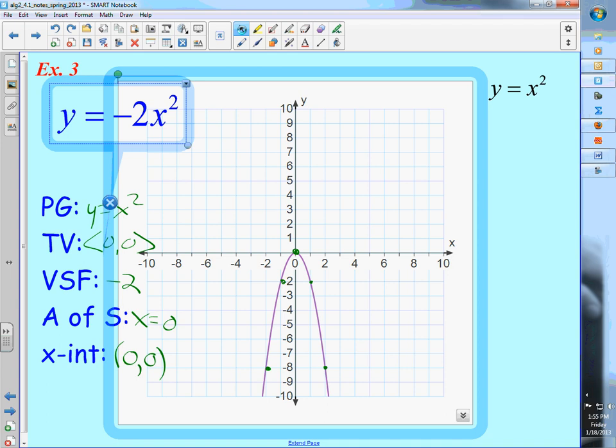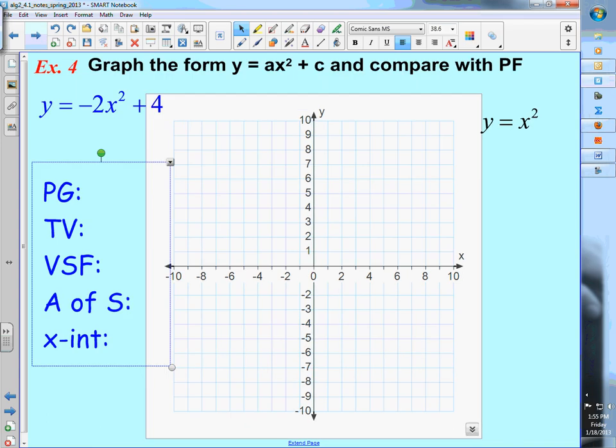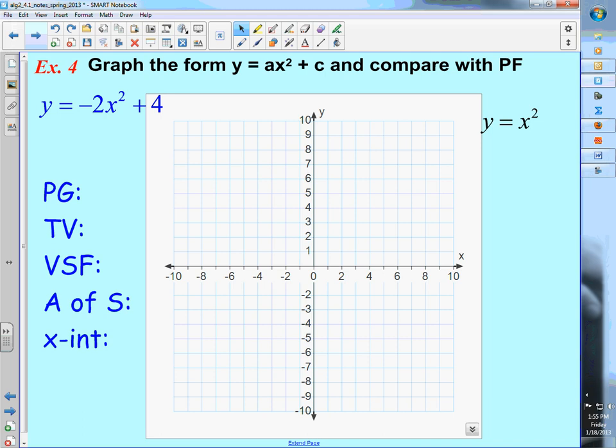Everybody okay with the vertical stretching? Yes. So now, let's see what happens when we do something besides just a vertical stretching. Remember, because you're not in transformational form, you've got to be very careful on how you treat this type of problem. For me, I visualize that as being in transformational form.